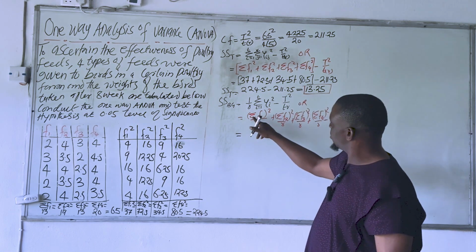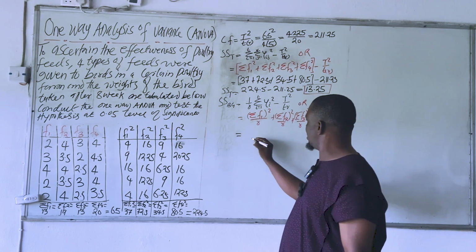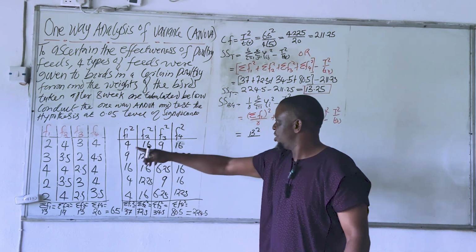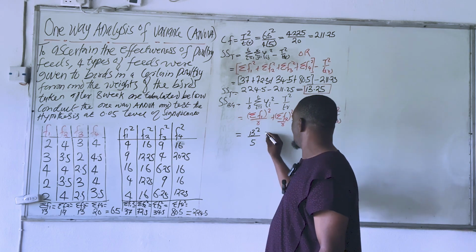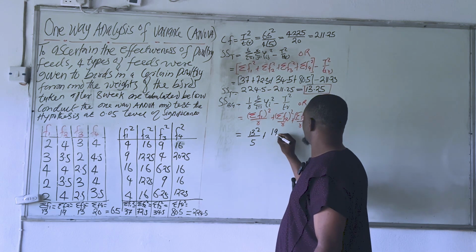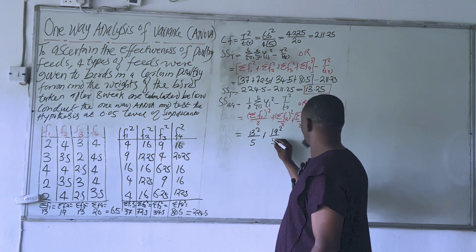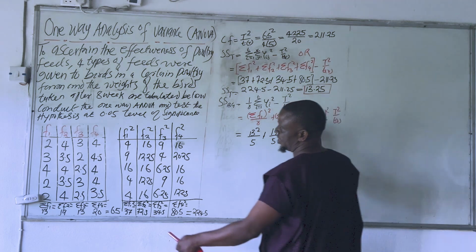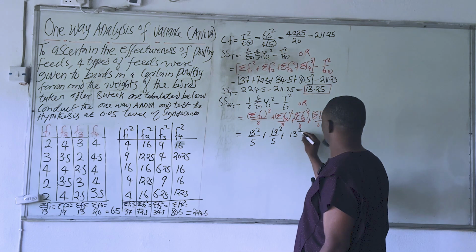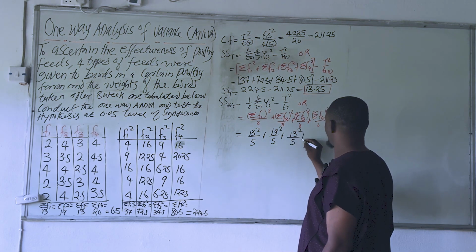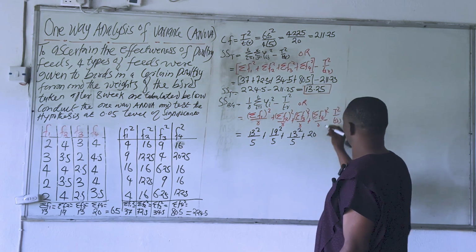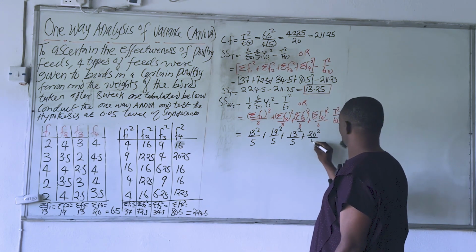So if we are using that particular formula, it will mean that our between group sum of square will be equal to the summation of f1, which is 13. So we'll have 13 square all over r, the number of rows is 5, so all over 5, plus summation of f2 is 19, so 19 square all over 5, plus the summation of f3 is 13, so 13 square all over 5, plus the summation of f4 is 20, so 20 square all over 5.